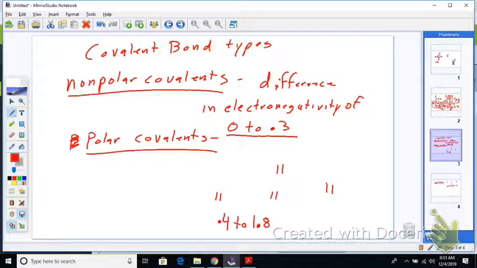So if they share the electron equally, there's going to be no difference in the charges on the two atoms that are sharing electrons. If it's polar covalent, we say that there's a bigger difference, and because of that bigger difference, we have a bigger share. One of them has a bigger share of the electrons versus the other, due to the location of the electrons closer to one atom versus the other.